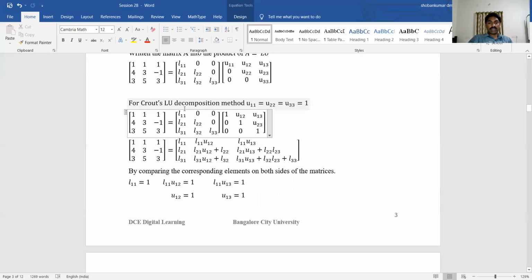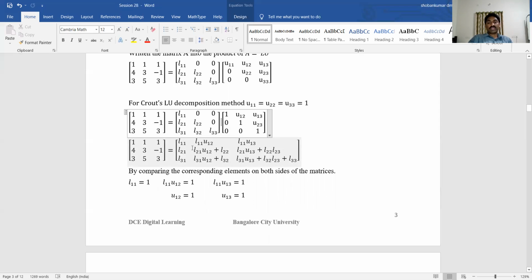First row into second column, L11 U12. We get L11, L11 U12, L11 U13. Second row is L21, L21 U12 plus L22, L21 U13 plus L22 U23, and the last row is L31, L31 U12 plus L32, L31 U13 plus L32 U23 plus L33.